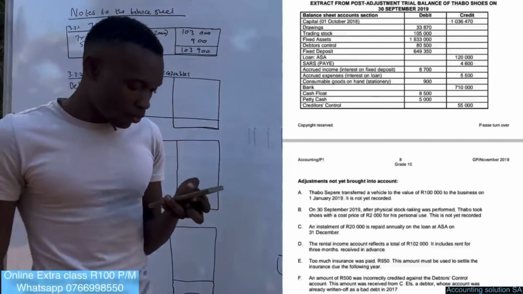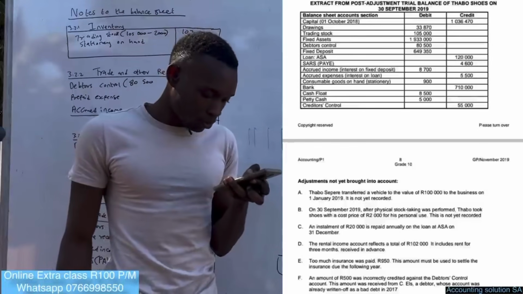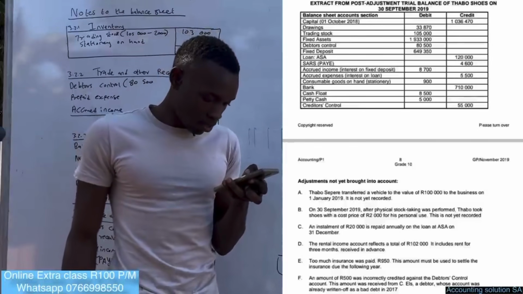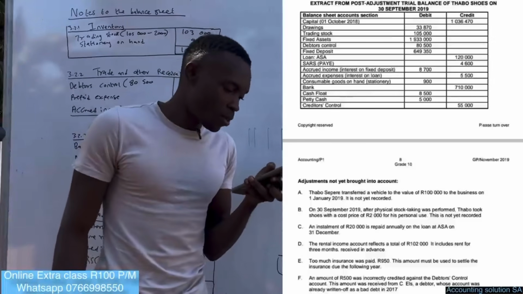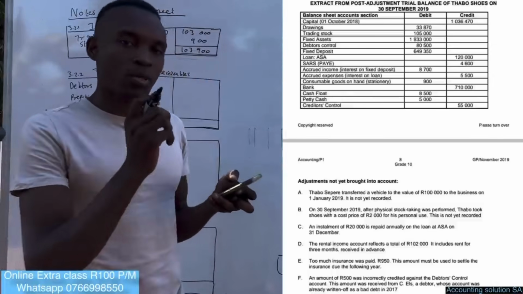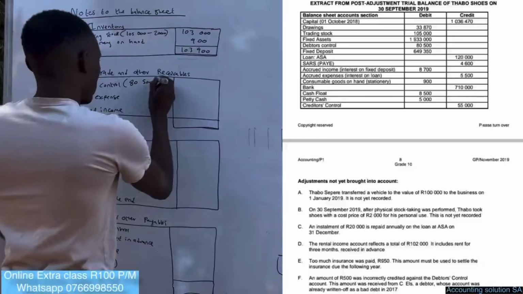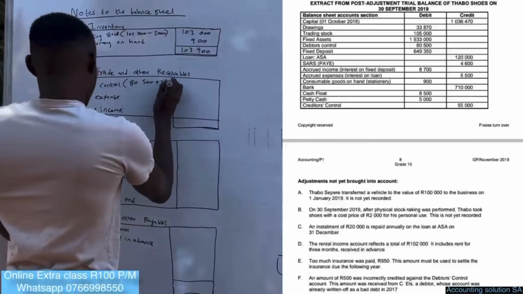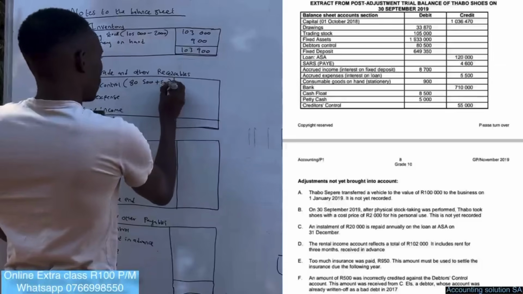So this account was credited instead of debited. What do we do in this case? Obviously, we have to reverse it. Something that has been subtracted, when we reverse, we add it back. Which means that we are going to add back 500.